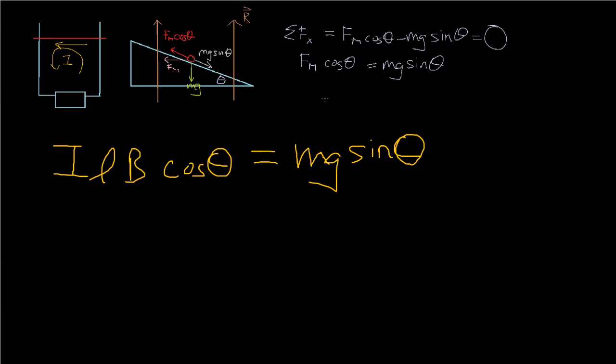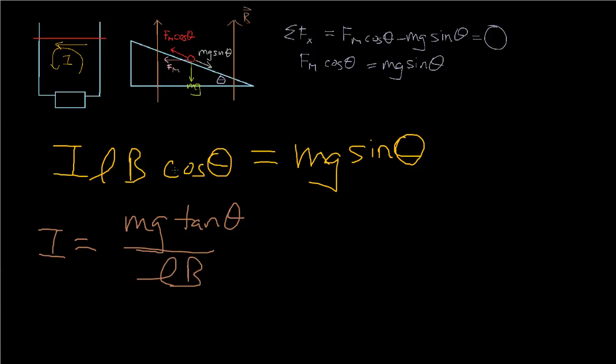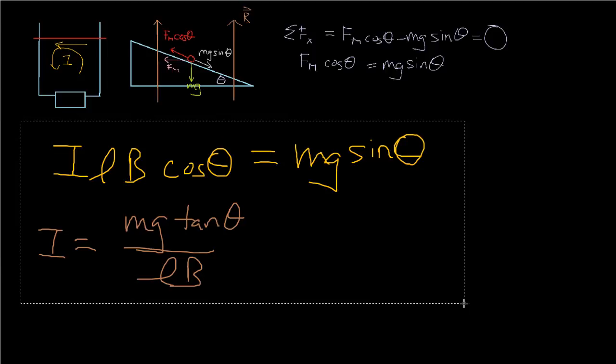So the variable we're solving for is I. Let's rearrange it one more time: I equals mg tangent theta over LB. Now all we need to do is plug and chug and celebrate that we're almost done with the problem.